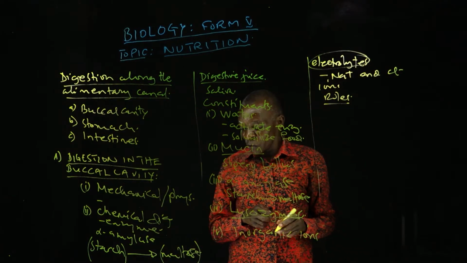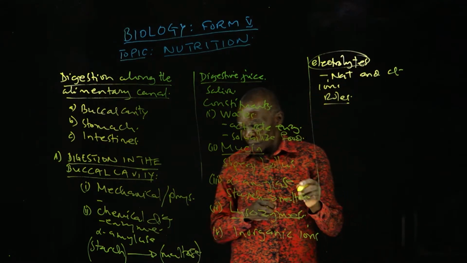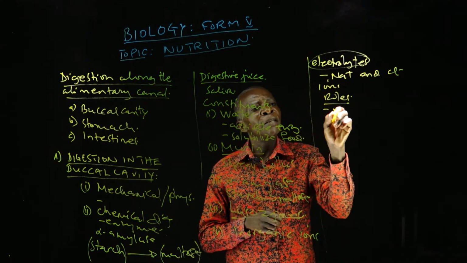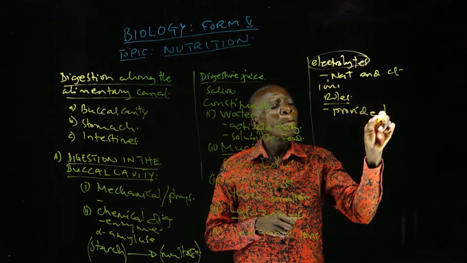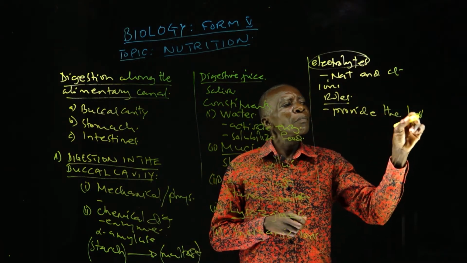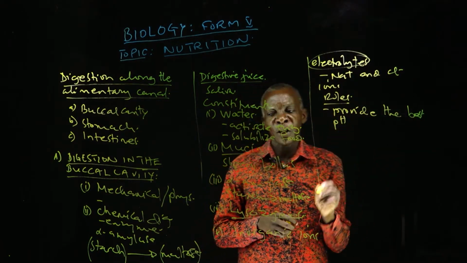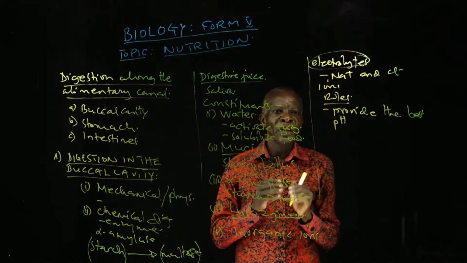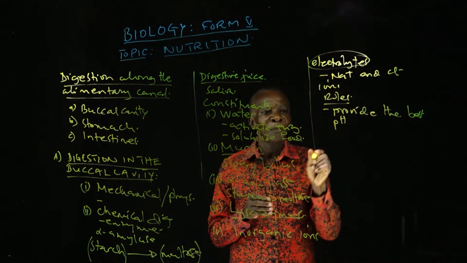The roles of the two ions: first of all, to provide the best pH for proper working of salivary amylase in the buccal cavity.